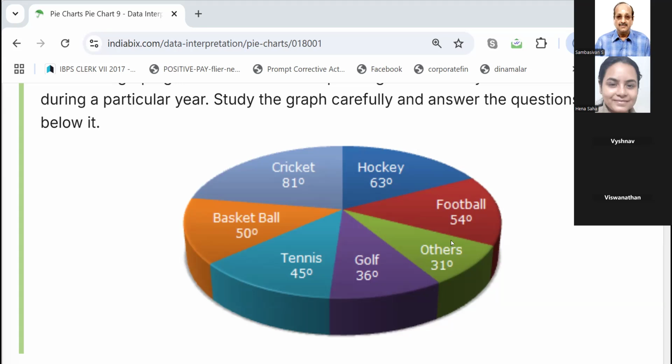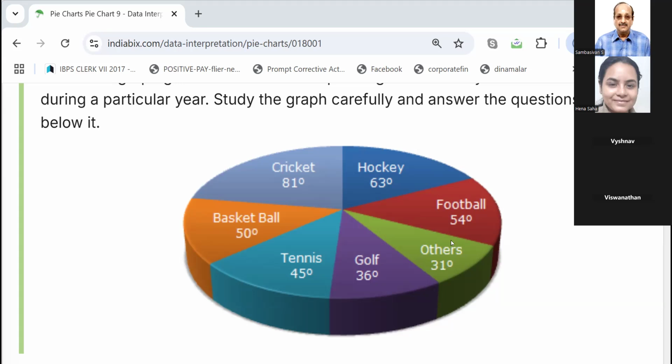How much are you getting? 112. 4,500 students are there. 4,500 into 45 divided by 360. Do it. How much are you getting? 112.5.